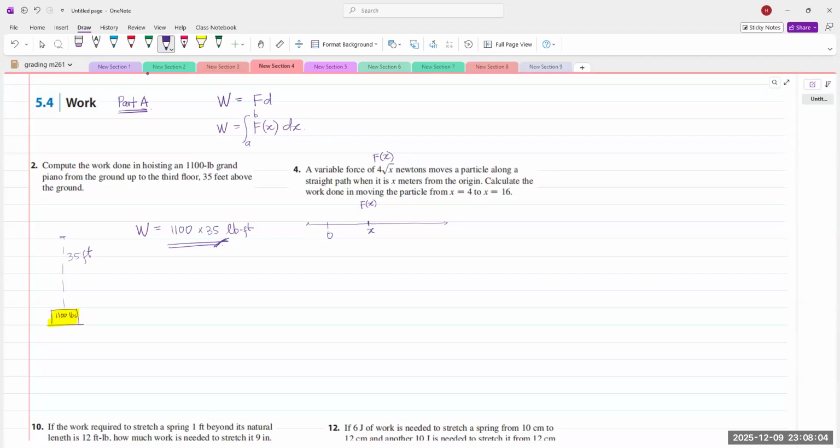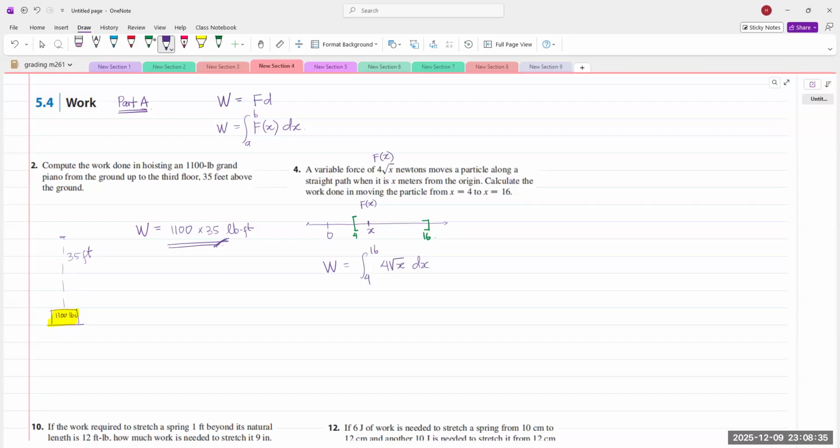Now the question is, calculate the work done for moving the particle from 4 meters away from the origin to 16 meters away from the origin. Okay, so the work will be the integral from 4 to 16 of 4 square root of x dx.